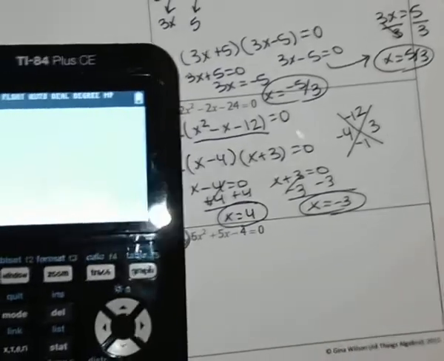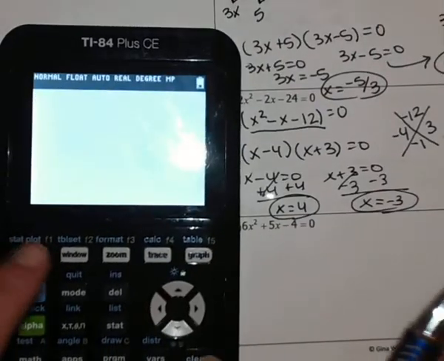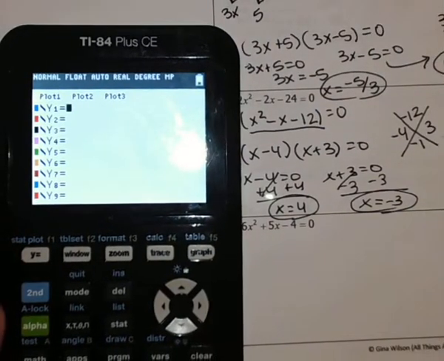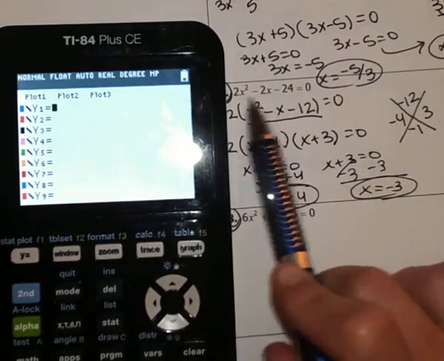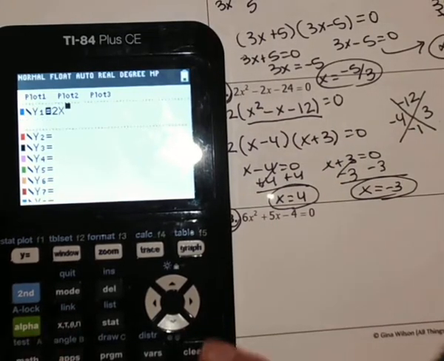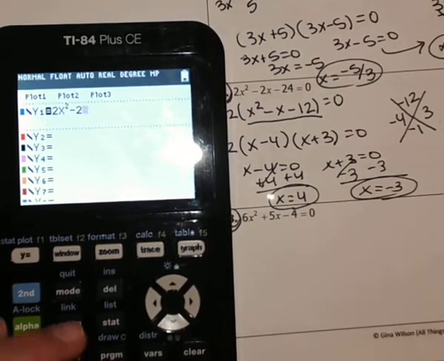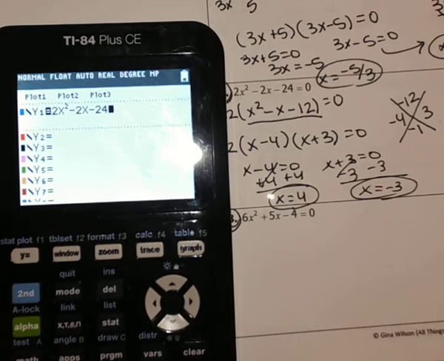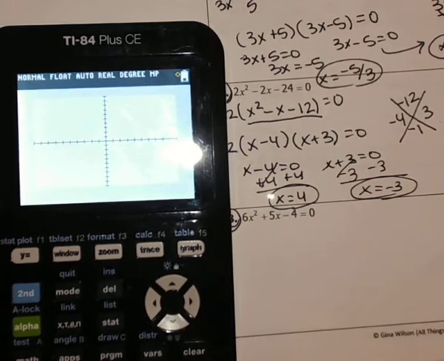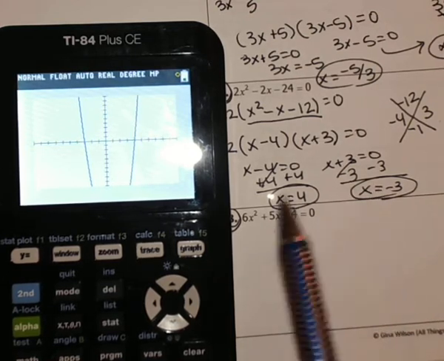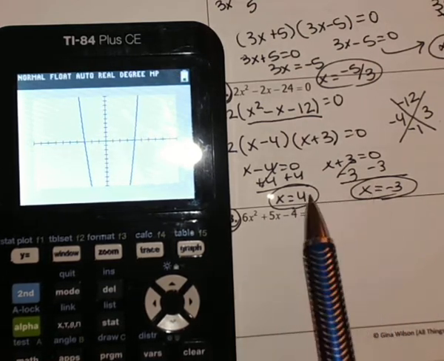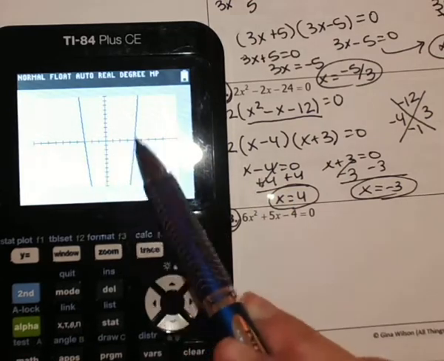Now, as a little shortcut or a little cheat code to check, go to your calculator, type in the original quadratic. So we have 2x squared minus 2x minus 24. Type that in y equals and press graph. Your x-intercepts are your solutions. So we should see the graph crossing at negative 3 and positive 4.